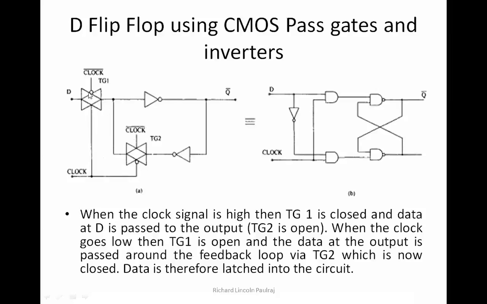Wherever you see this bubble, that means it's a P type of transistor, and wherever there is no bubble, that's an N type of transistor. Ultimately, we are trying to combine both P and N, and the structure goes like this.